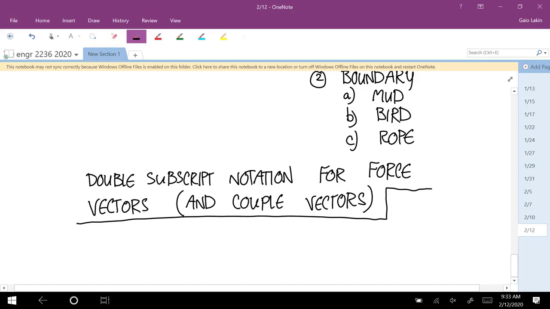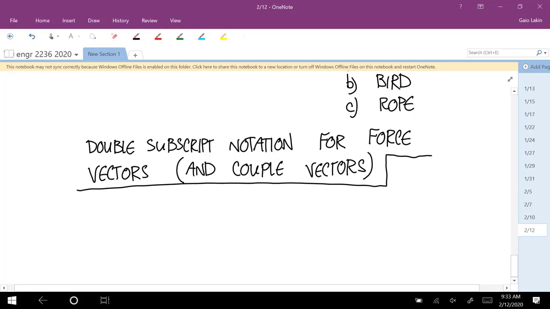The basic idea is that you have this force named by 2 subscripts, one that describes the chosen body and one that describes the thing that's applying the force. And you can do it in either order, as long as it makes sense to you which subscript represents which.